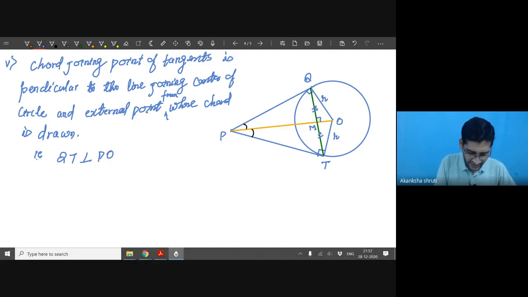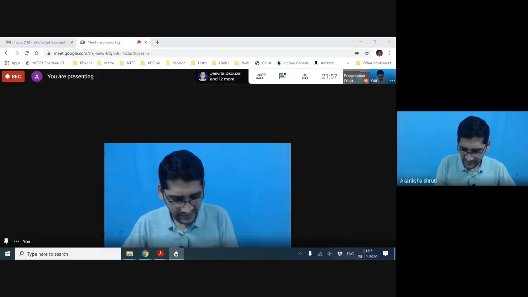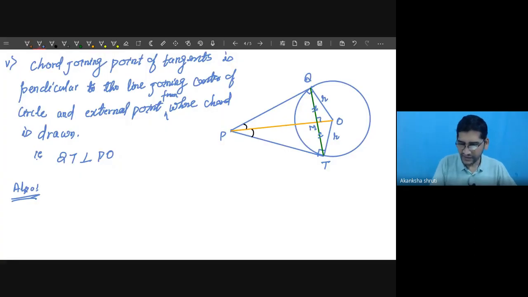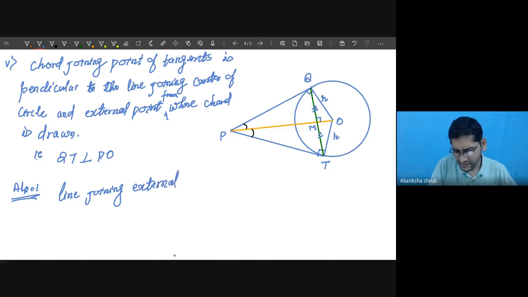Reversely, we can also write that the line joining the external point from where the chord is drawn and the center is the perpendicular bisector.